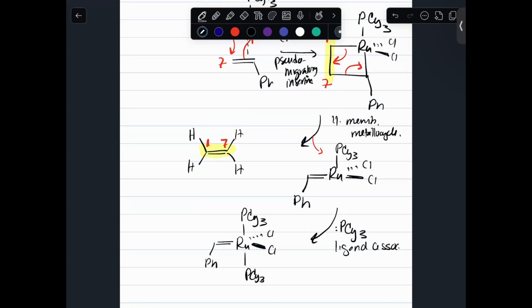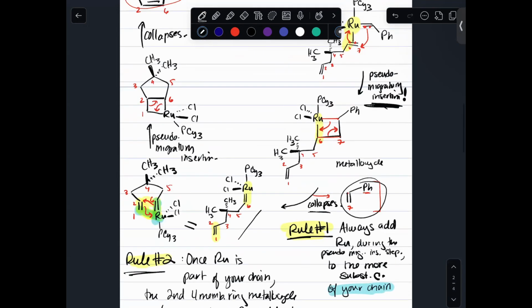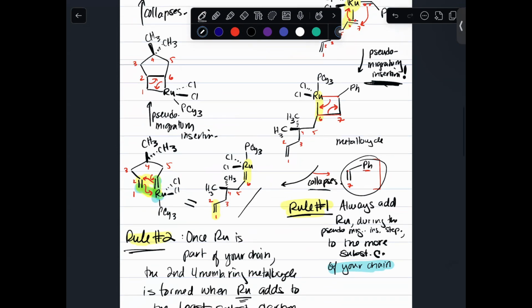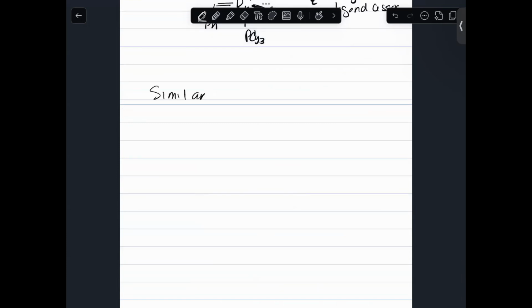So the rules are always add your ruthenium to the most substituted carbon so that it's part of your chain, and then add it to the least substituted carbon. This reaction should really remind you of the Wittig reaction from second semester OChem.